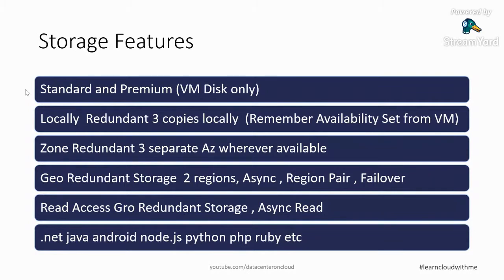And the last important one here is read access geo redundancy. Sorry for the typo. I will change it before publishing and sharing with you guys. So it's read access geo redundant storage. It follows the same region pair style, but we can read from our secondary region. Let's say we have a region pair maybe hundreds of miles, or 500 miles, apart from each other.